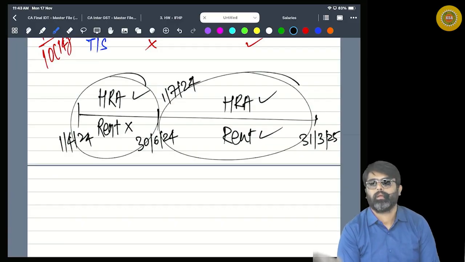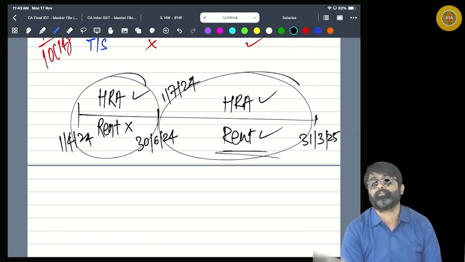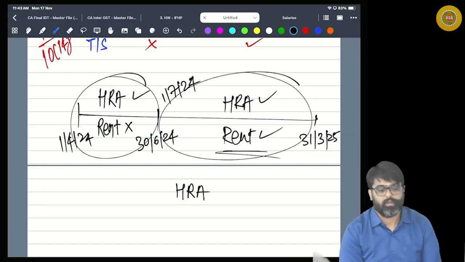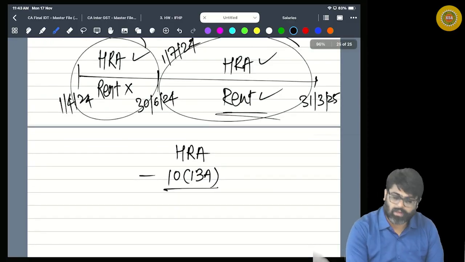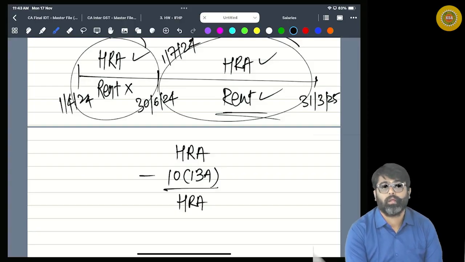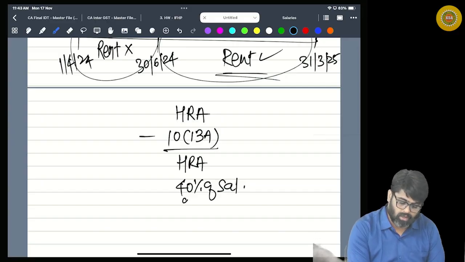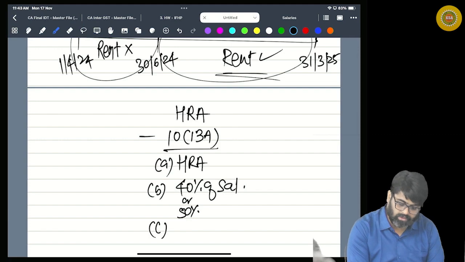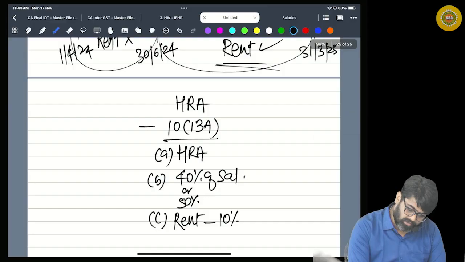So tell me, will I calculate the exemption for this period only? So July month, what was my HRA? Out of that, exemption I will take. Yes or no? To calculate this exemption: A, actual HRA; B, 40 or 50% of salary; C, rent paid minus 10% of salary.